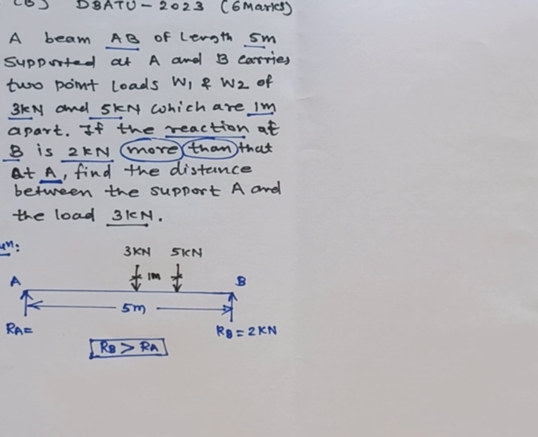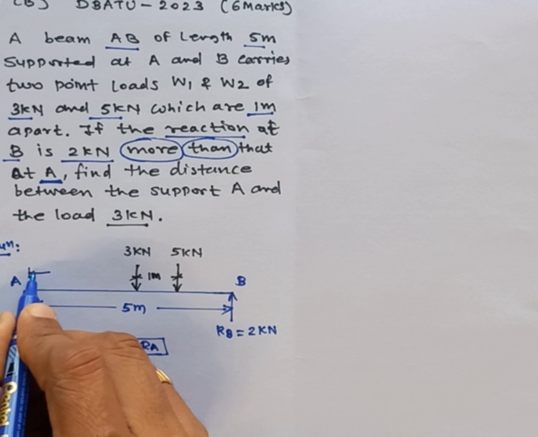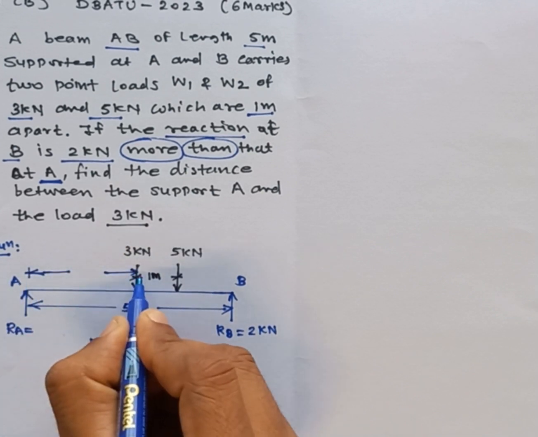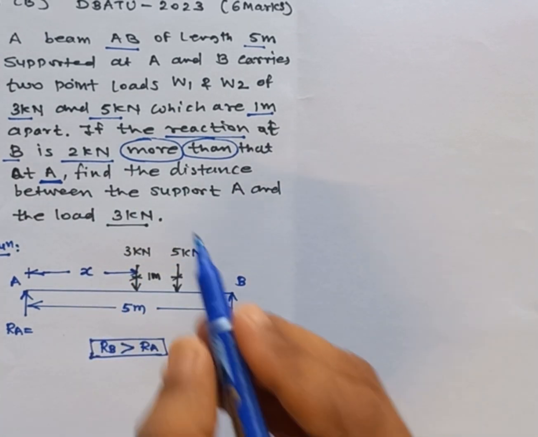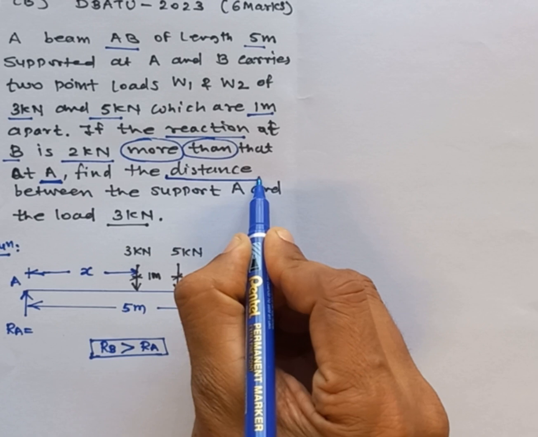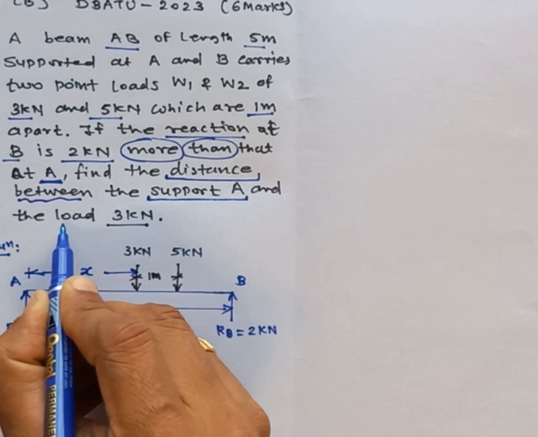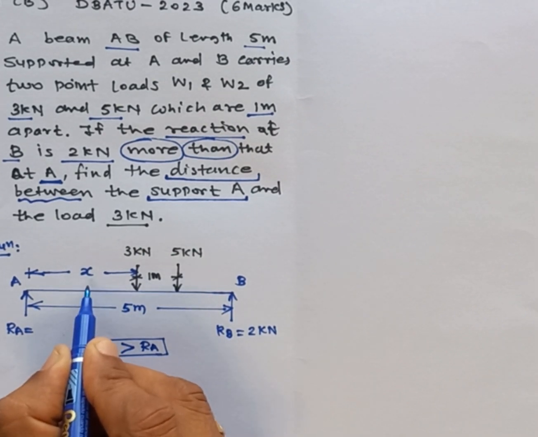Let us assume that the distance from A up to the 3 kilonewton load is x, because it has been asked to find the distance between the support A and the 3 kilonewton load.